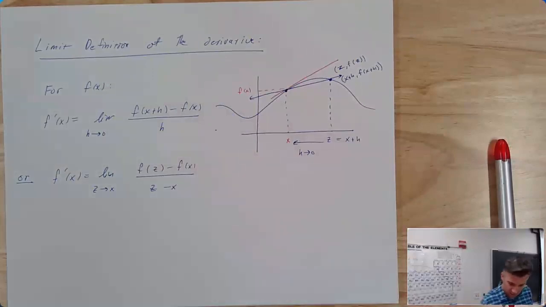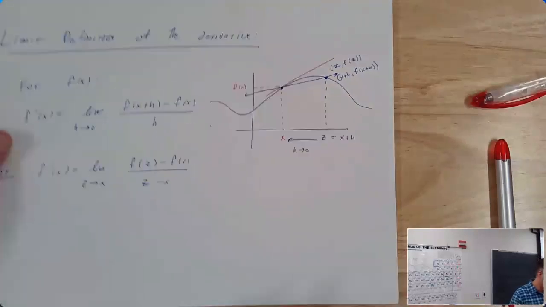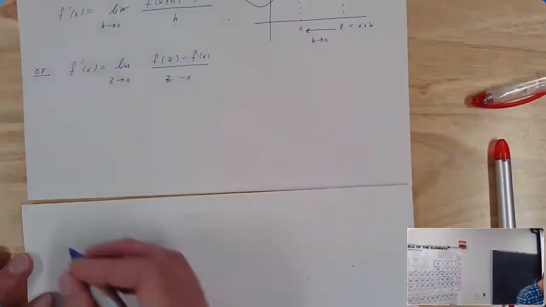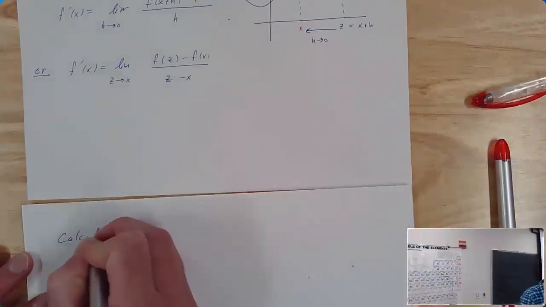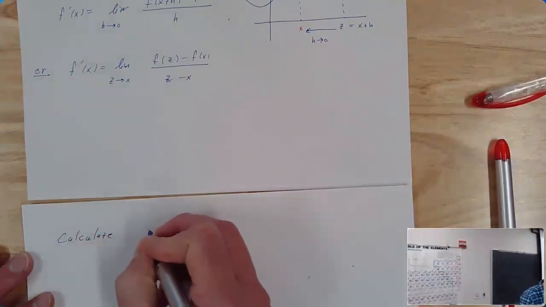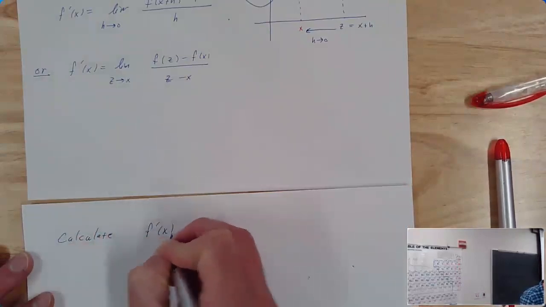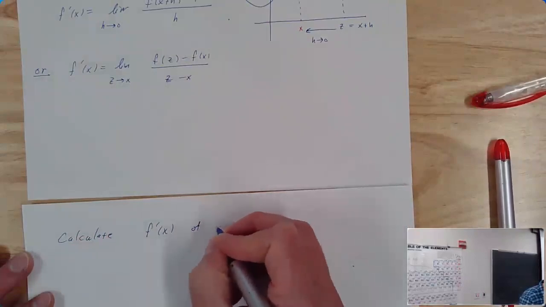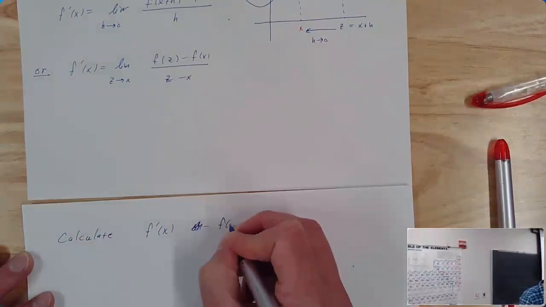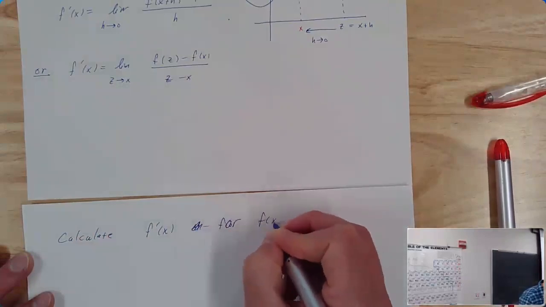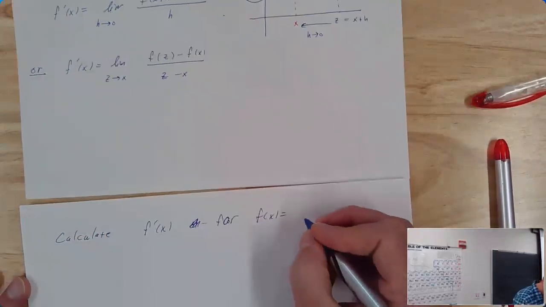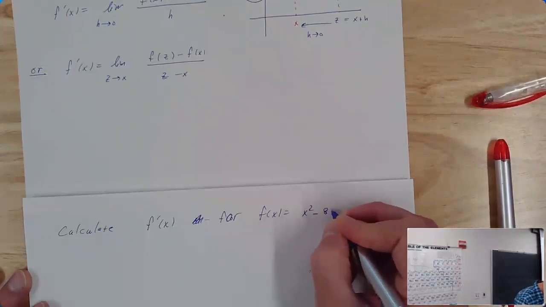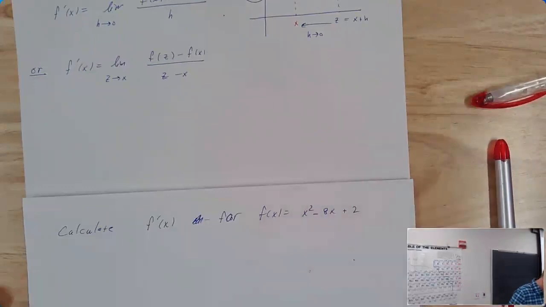Let me show you what I mean. Let's say we want to use the limit definition of the derivative to find the derivative of f of x equal to x squared minus 8x plus 2.